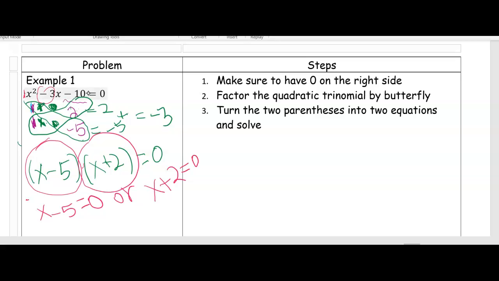So here you turn the two factors into two little equations. Each of them equals 0. Okay? And keep solving these two little equations, and that's it. Okay? So for the first equation, solve it by adding 5 on both sides.